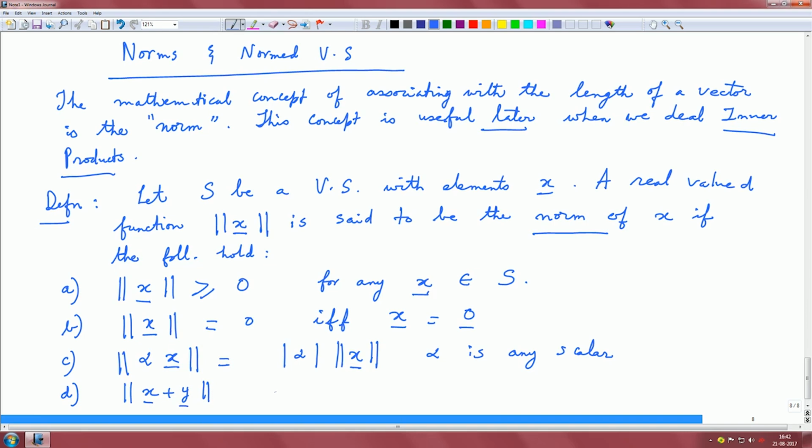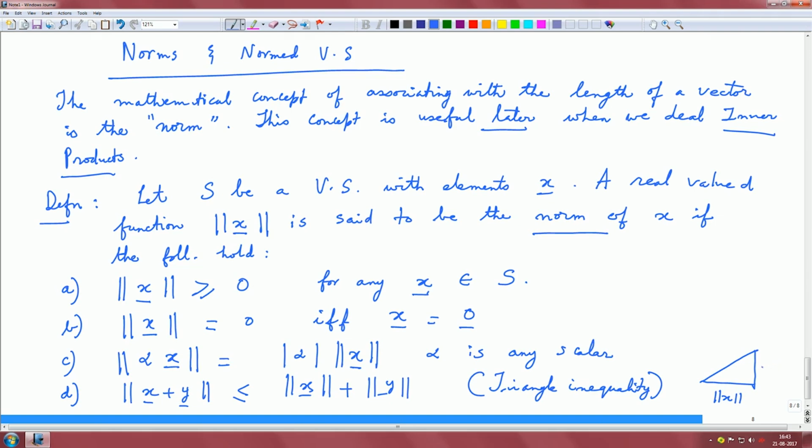And norm of x plus y is less than or equal to norm of x plus norm of y. This is the triangle inequality that we know for vectors, and to prove this you can invoke the Pythagorean theorem.